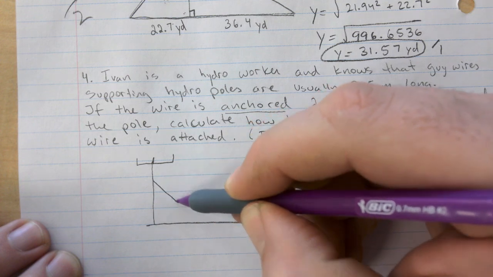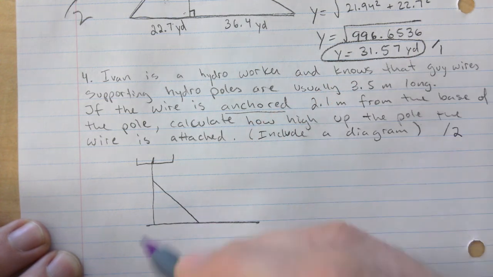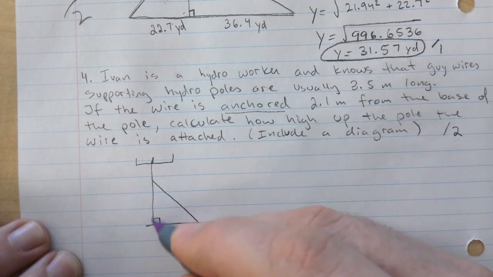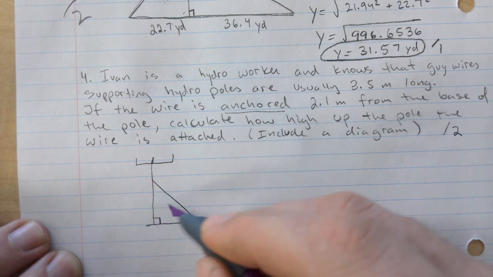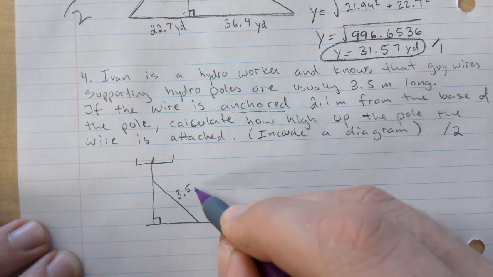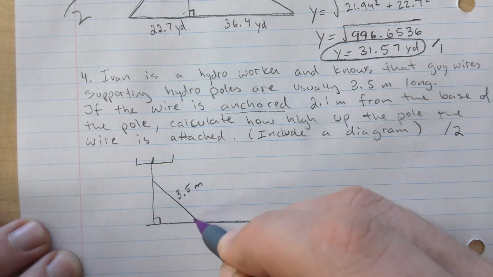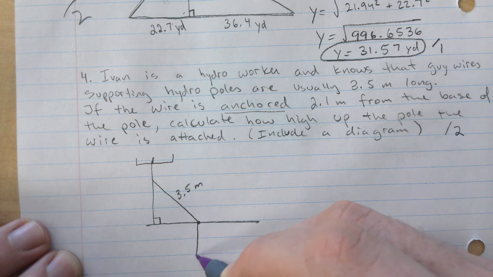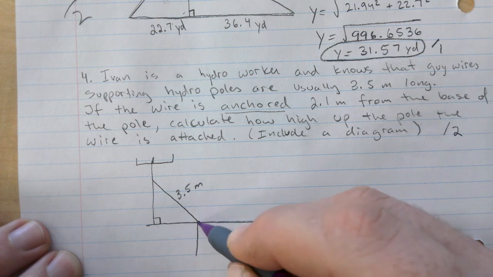So it will go down like this. And the hydro pole is hopefully at a 90 with the ground. So there's your triangle. We know that the guy wire is normally 3.5 meters long and that it is anchored. Anchored means there's literally a long pin underneath the ground that's keeping it there.